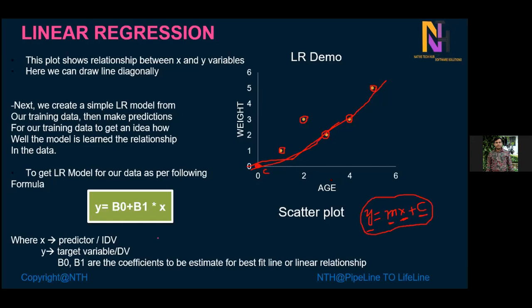Here I have plotted age as one input variable, and weight as the target variable which is likely to be predicted. Age will be an input variable.